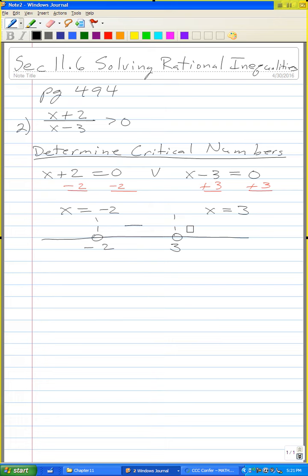The root at 3 is simple, has odd multiplicity, so it changes sign. The root at negative 2 is also simple, multiplicity 1, so again it changes sign. We want this to be greater than 0, so I just fill in what's under the plus sign.